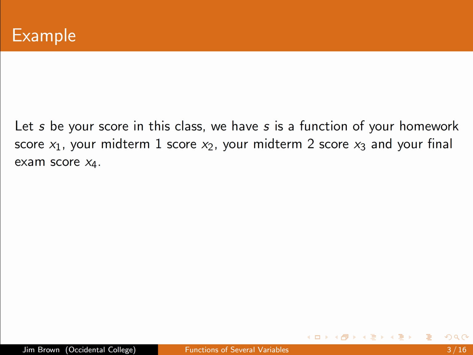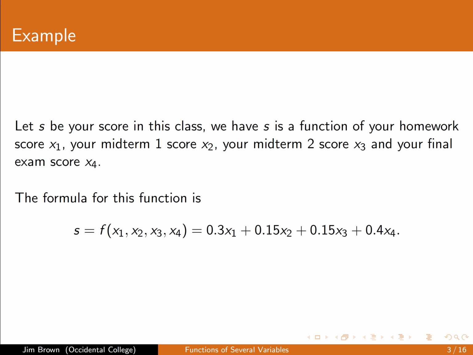So your final score in the class depends upon all of these different variables, and these are all independent variables. So in terms of the function that we're given for this class, your final score is this function f of x1, x2, x3, and x4, and it's given by 0.3 times x1 plus 0.15 times x2 plus 0.15 times x3 plus 0.4 times x4.